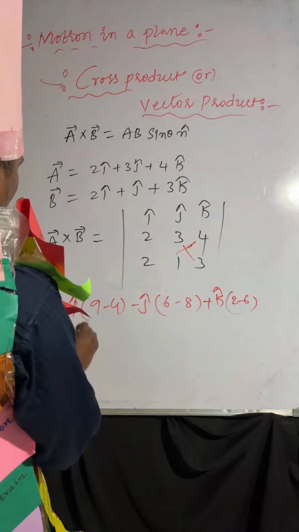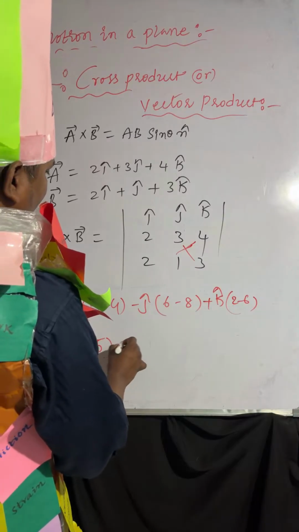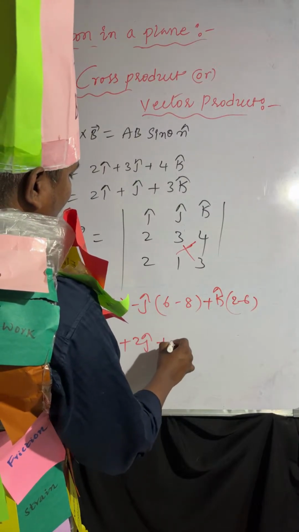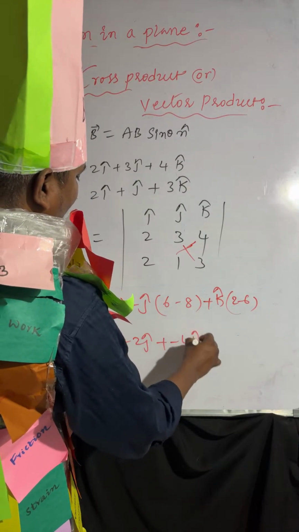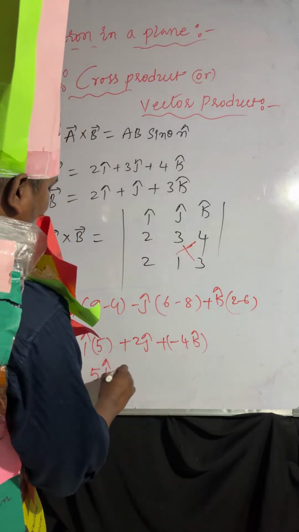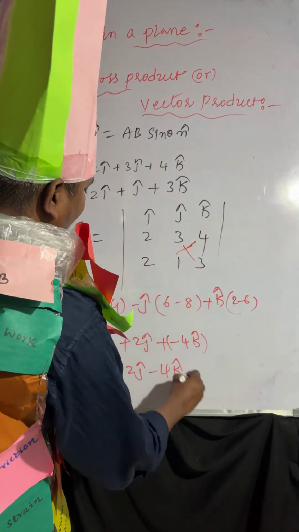So you get 5i cap plus 2j cap minus 4k cap.